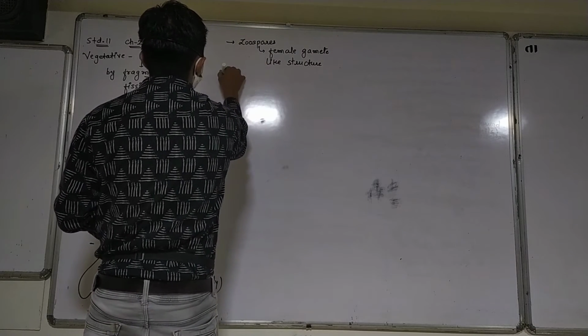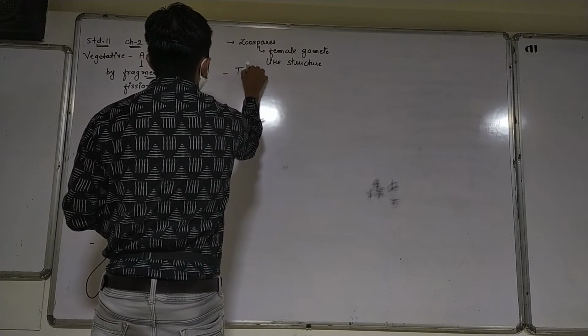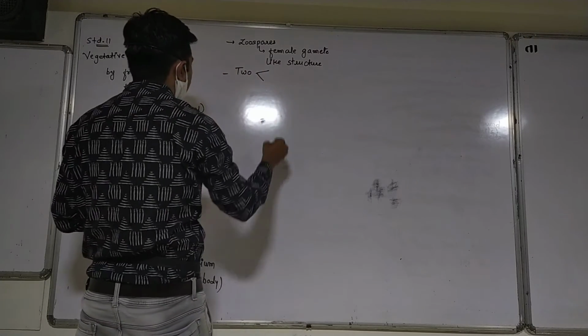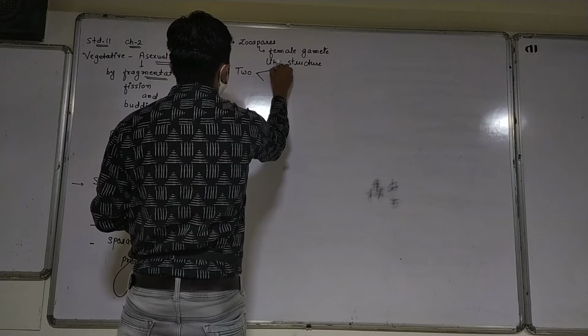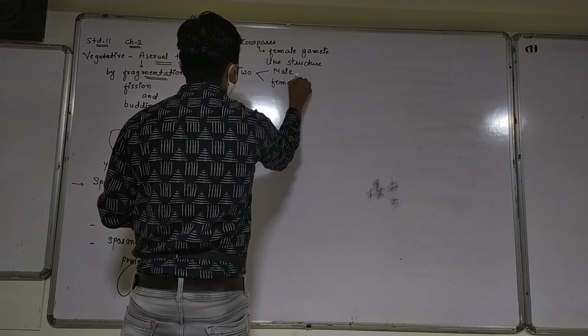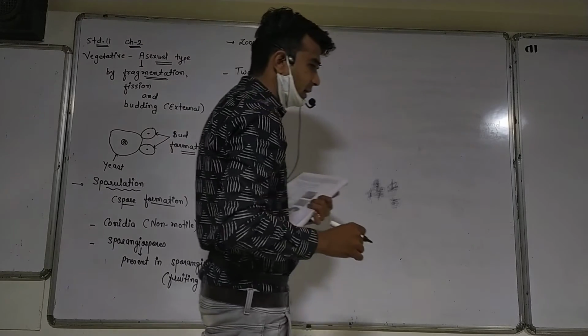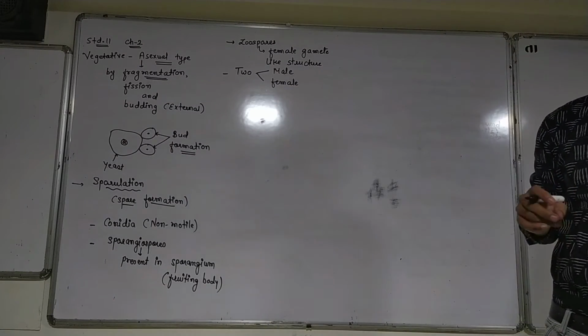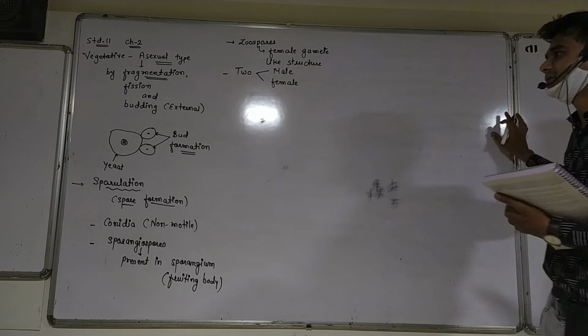Here zoospores have two gametes, but it is asexual reproduction, though we remember male gamete and female gamete. Zoospore is nothing but a female gamete inside which a male gamete enters.